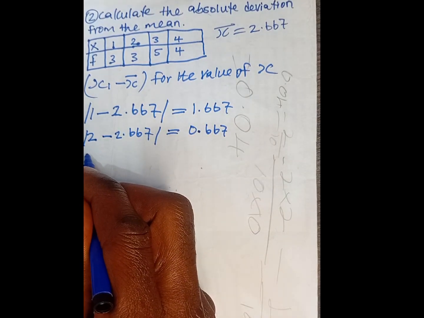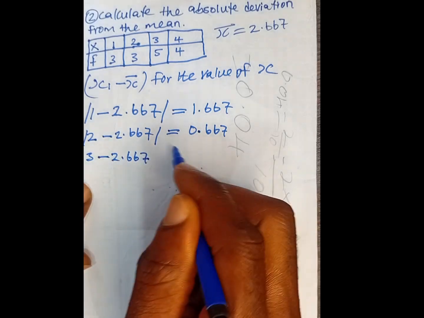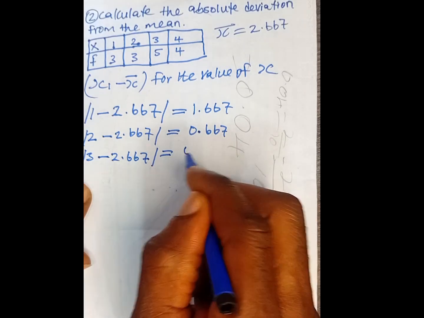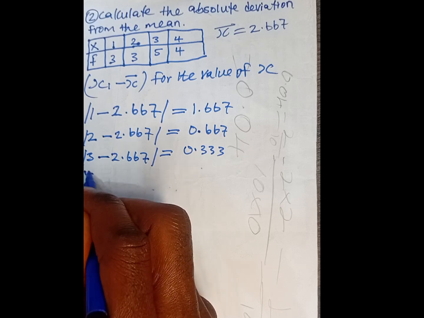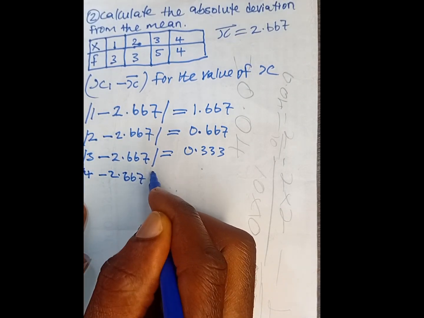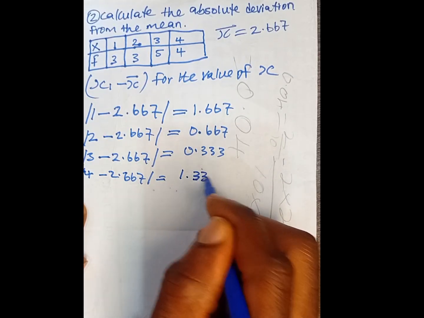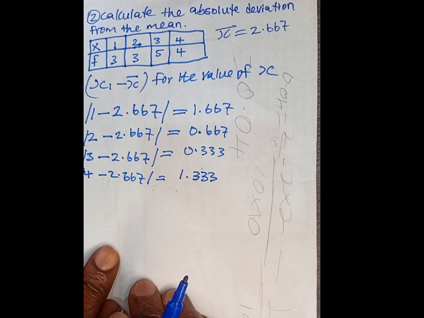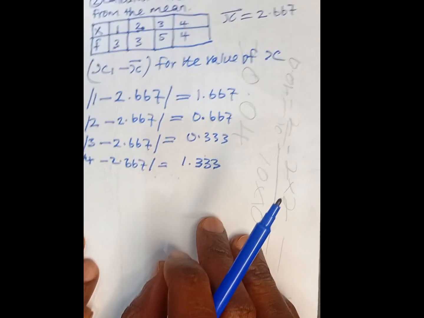The next value is 3 minus 2.667, which will give us 0.333. And we have another value, 4 minus 2.667, which will give us 1.333.